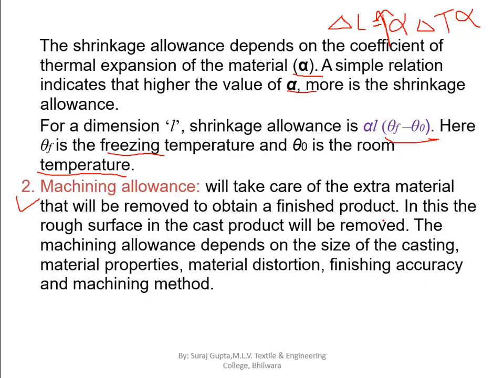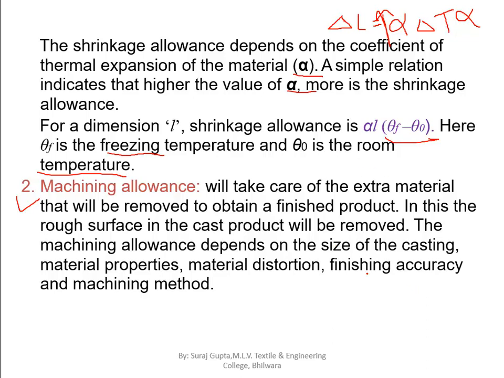If we do not give the machining allowance over the pattern, the size of the product will decrease after machining. So the machining allowance is required on the pattern, means the size of the pattern will be some mm more than the product, so that machining can be done after the product is cast.